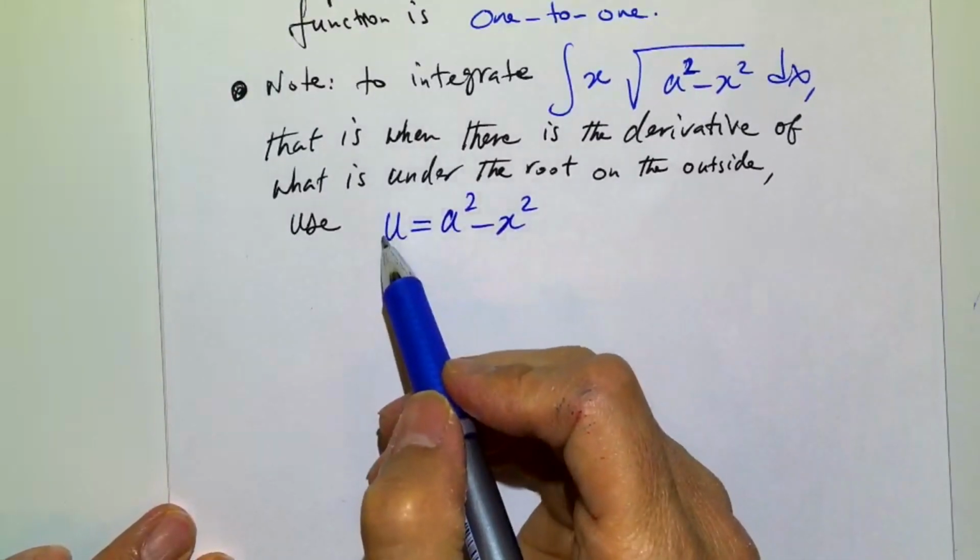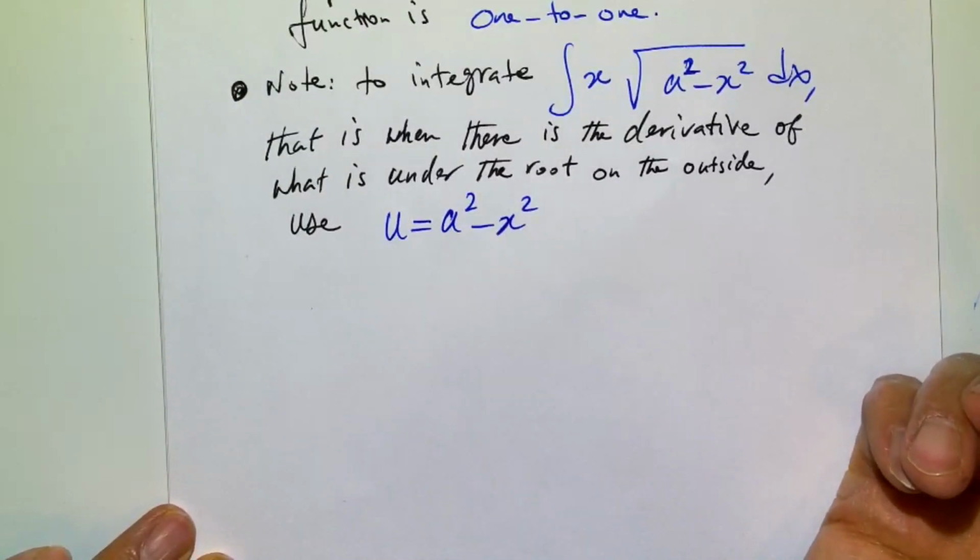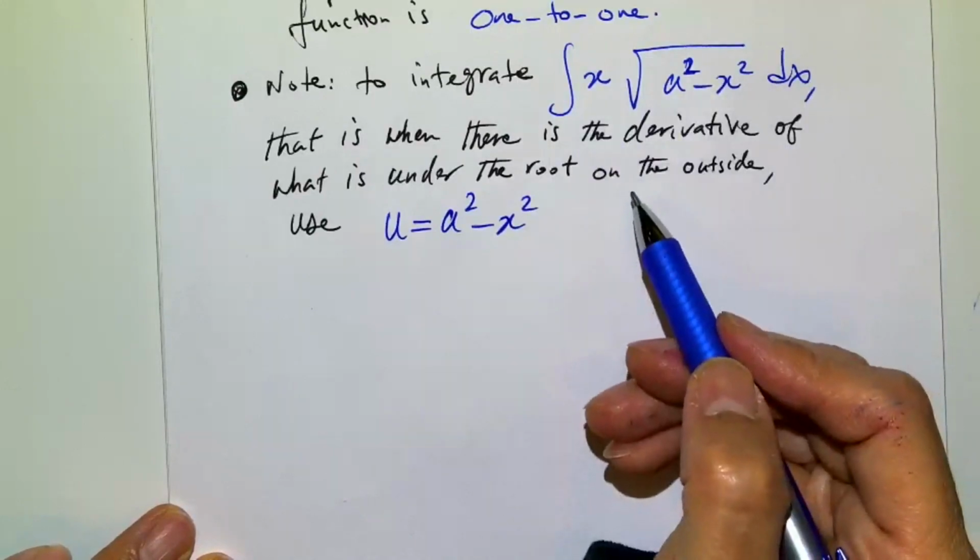Okay, and then take the du, you get minus 2x dx, and then you can easily substitute for that.